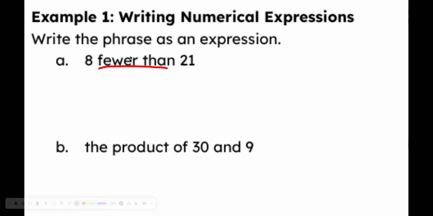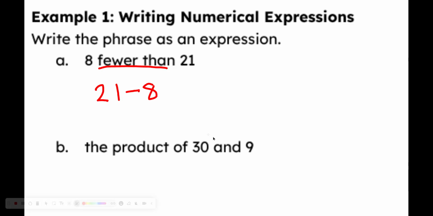So if I have 8 fewer than 21, it's actually going to be 21 minus 8. Fewer than means subtraction, but I've got 8 fewer than 21, so I'm taking 8 away from 21. Fewer than means it's going to be smaller than 21, so I'm taking away from 21.